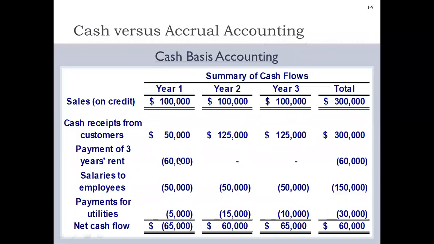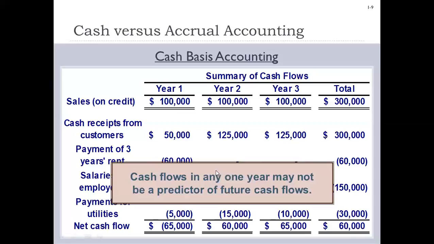So if you notice, the first year they paid a lot of cash because they prepaid the $60,000 rent. That's an expense for year one, okay, which is why you have a negative $65,000 cash flow. So in a cash basis accounting, it'd be a negative $65,000 profit because they paid so much of the rent up front. They made $60,000 in the second year, $65,000 in the third year. So notice the timing is kind of all over the place.